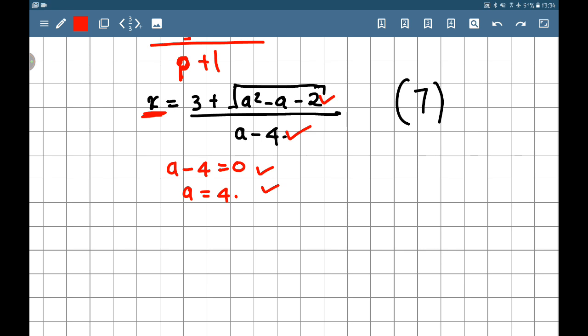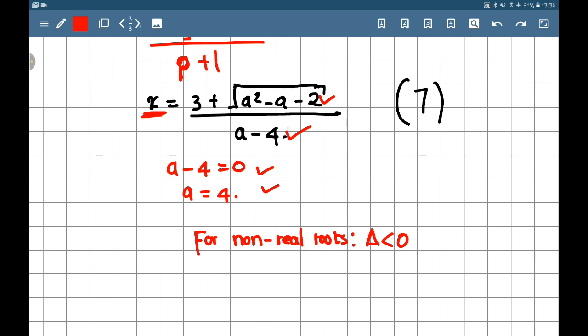Because for you to have a non-real solution or a real solution, it lies with the denominator and the discriminant. So for non-real roots, you are going to say the discriminant must be less than 0.